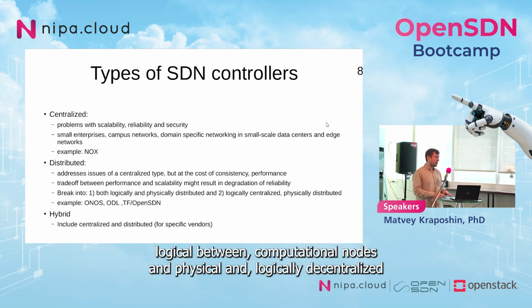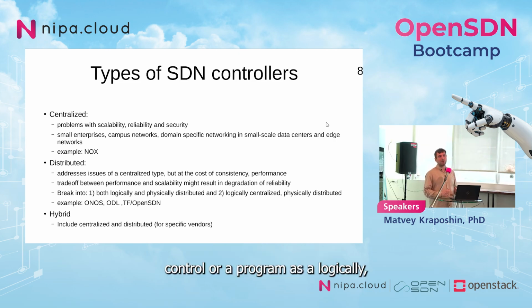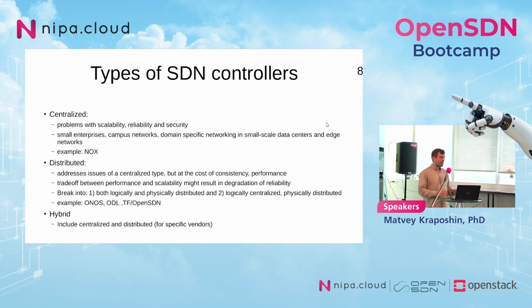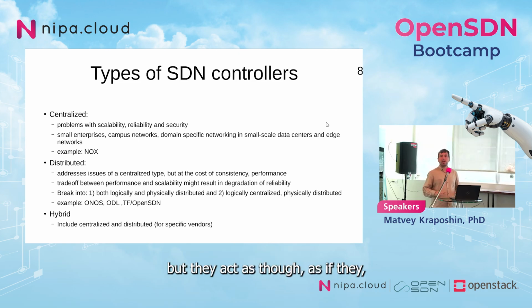Logically centralized and physically distributed means that we think of a control program as logically centralized, but distributed physically. So different parts can reside on different compute nodes, but they act as if they are one program.